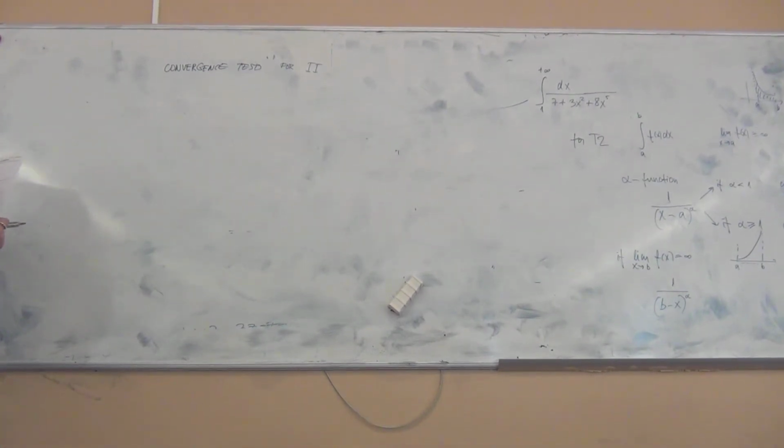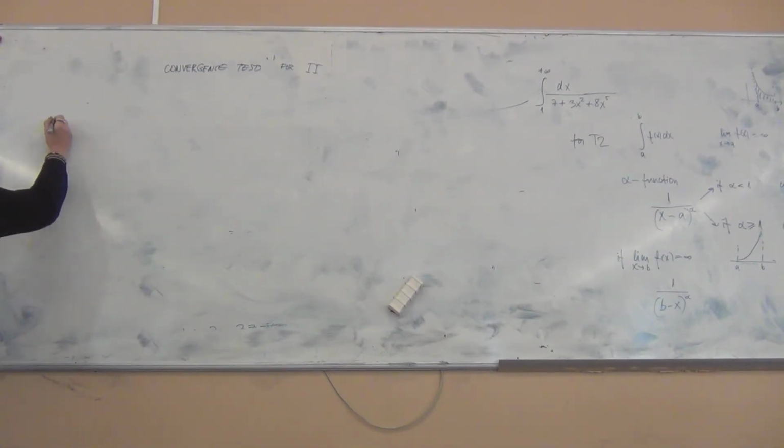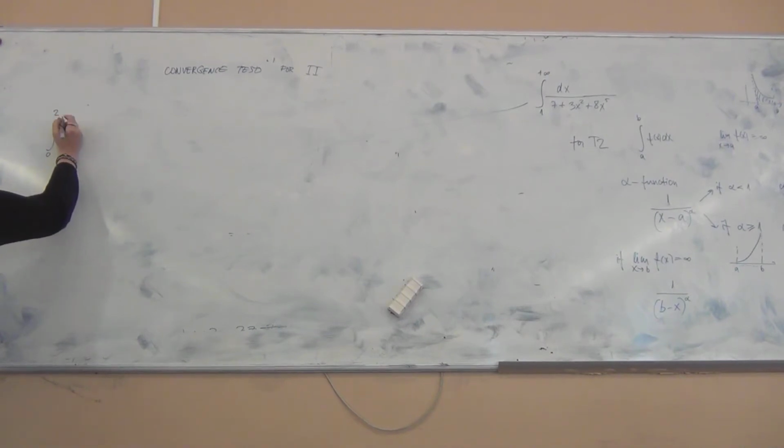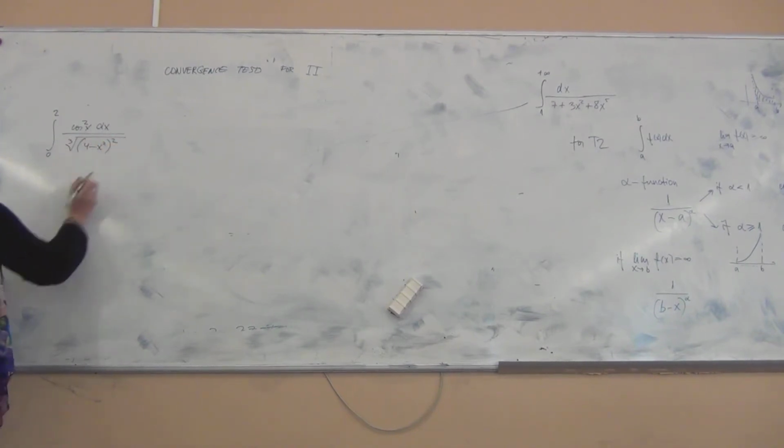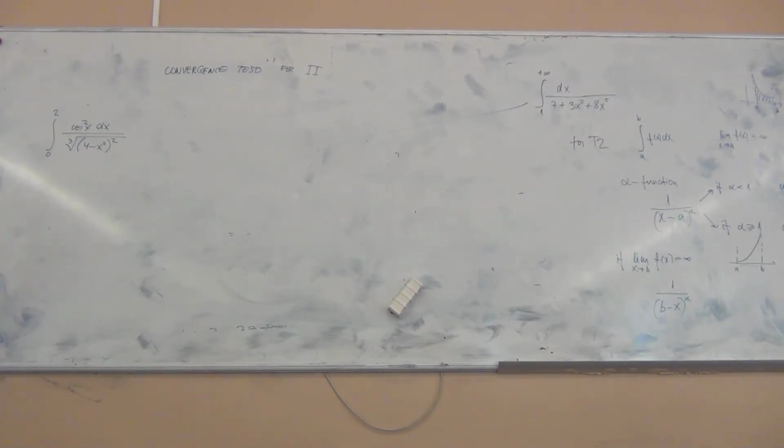In example 4, the integral from 0 to 2 of cosine squared x dx, something horrible, divided by, I promise not to give you any cosines or sines in the test for this, 4 minus x squared, under the cube root.